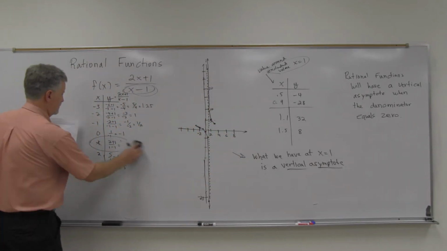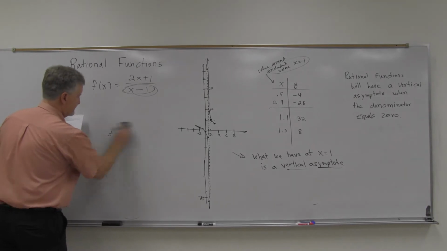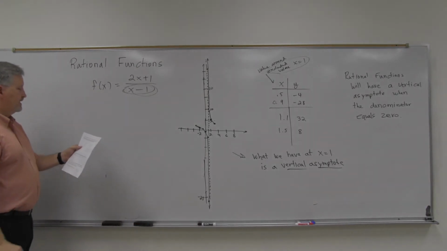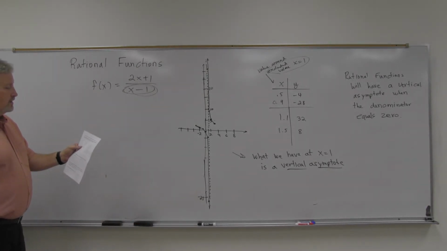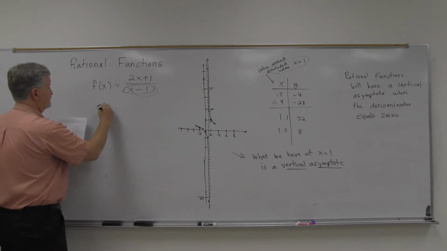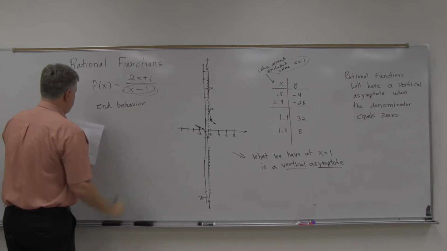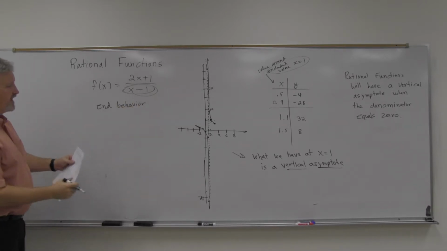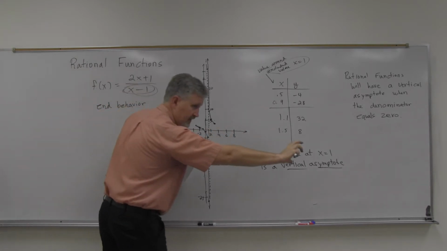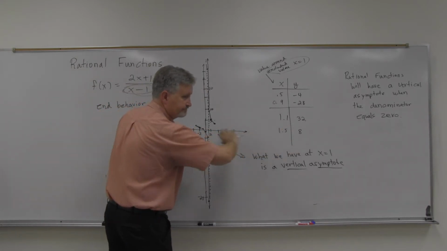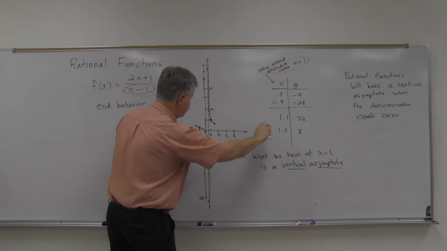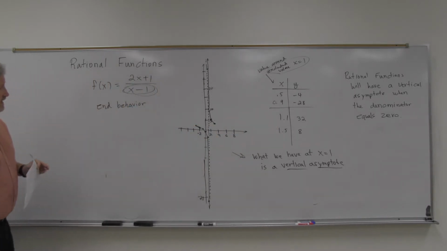Now, flip over to the second side, the back side there. So we've still got the same function. Now let's look at the end behavior. Well, the end behavior is the values that occur out with positive large x's or negative x's out this way.